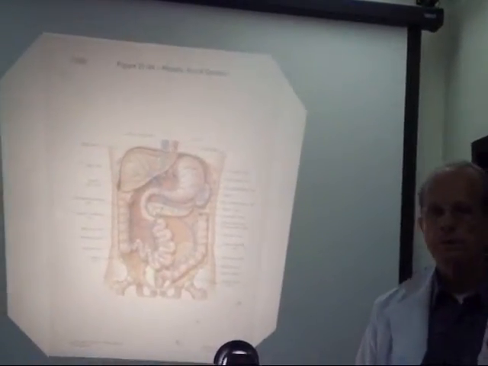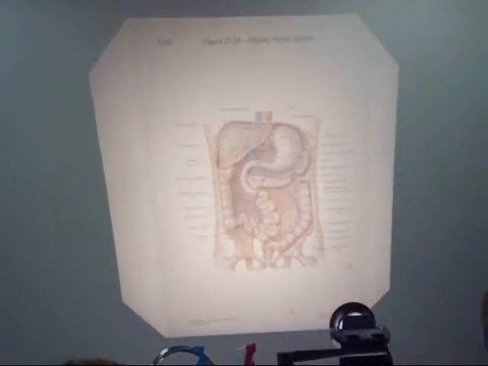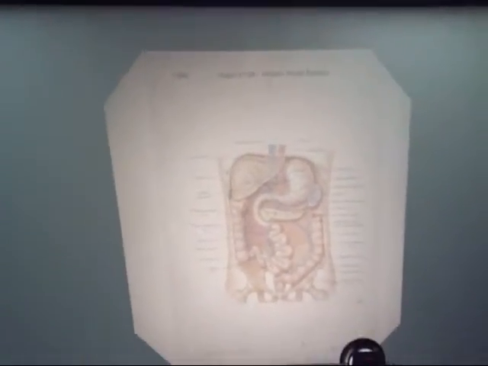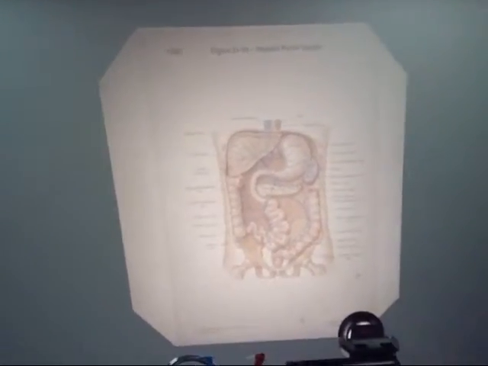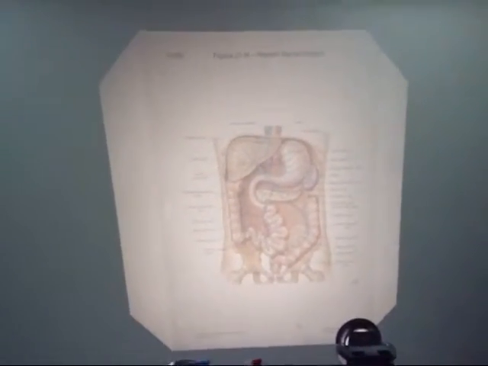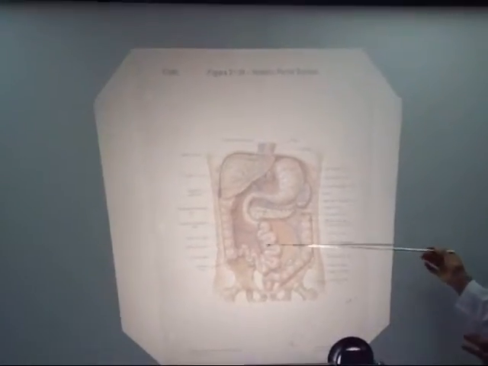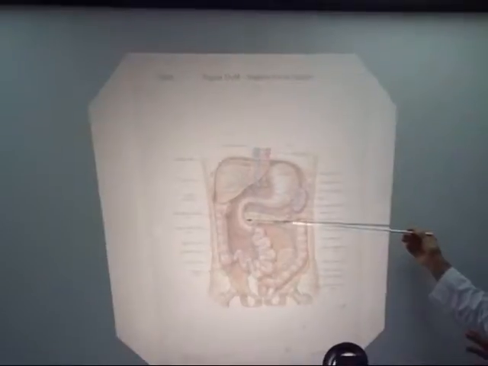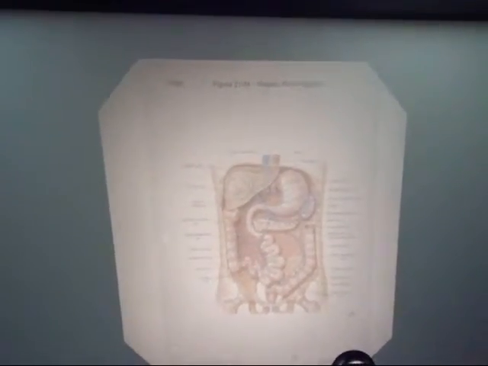A portal system is a system of vessels that drain blood out of one circuit into another circuit. This is not the only portal system in the body. There's one associated with the hypothalamus and the pituitary, but this blood here that's draining the digestive organs is in the hepatic portal system.